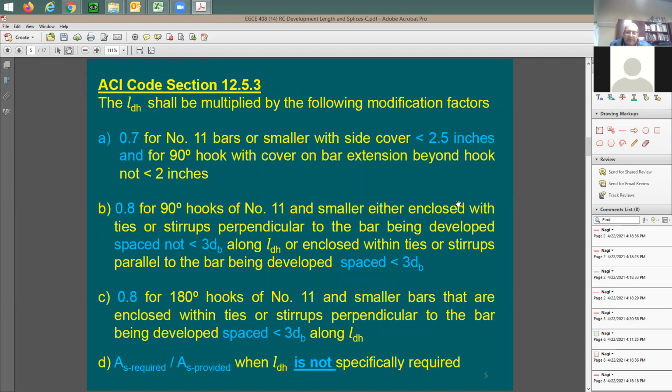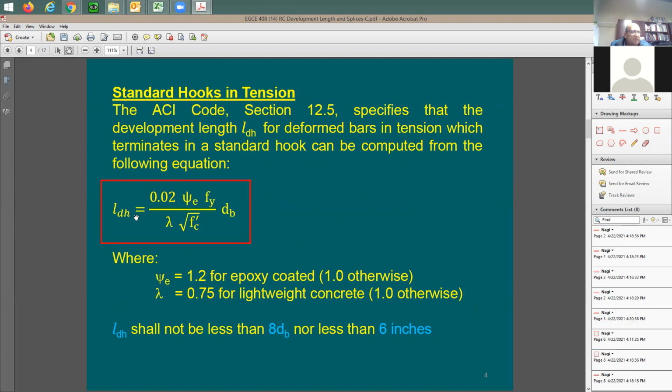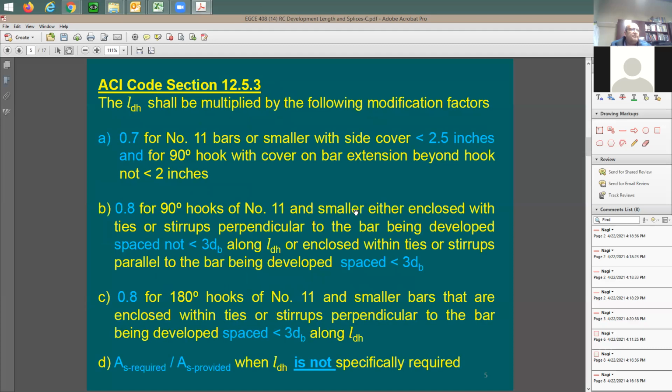I have some multipliers. After you're done with this L sub DH, you're going to have some multipliers: multiplier 1 times multiplier 2 times multiplier 3 times multiplier 4 times L sub DH. And this is going to be the final L sub DH. You just multiply them all by each other.